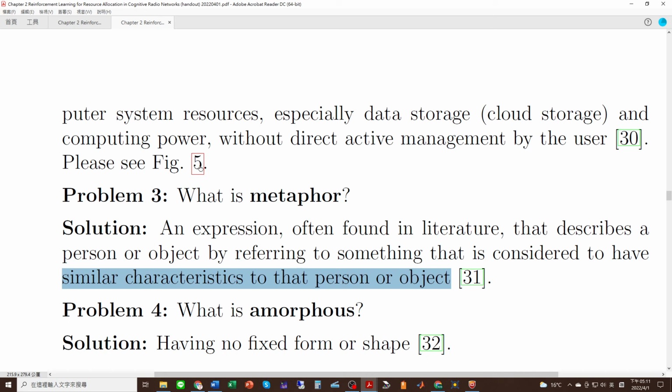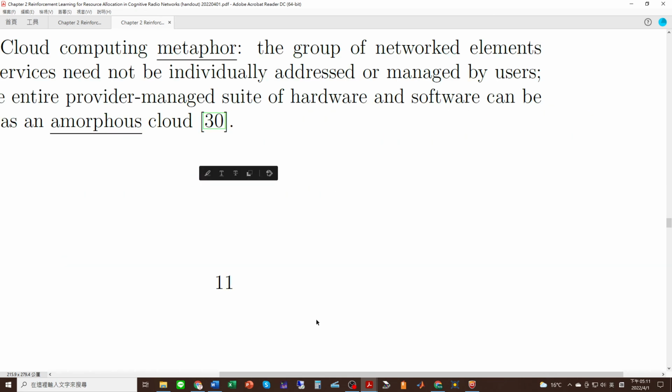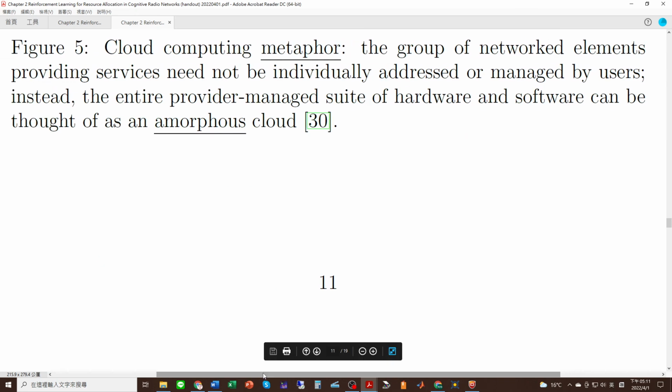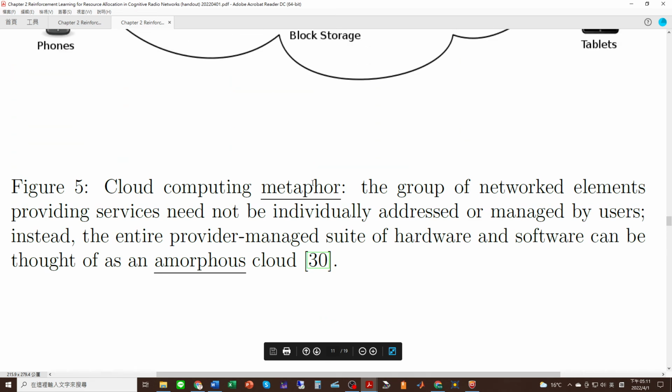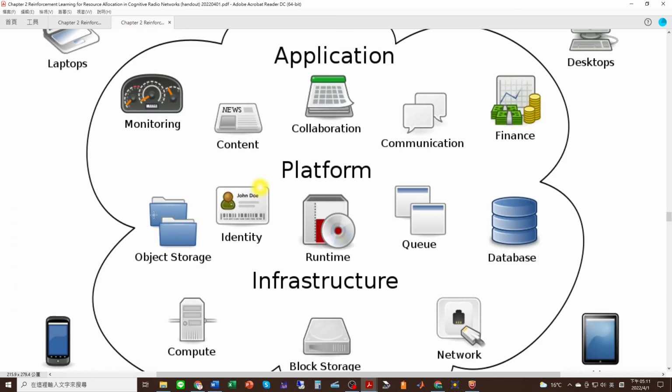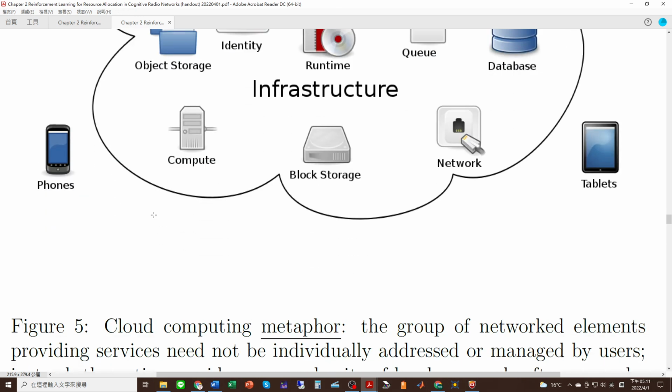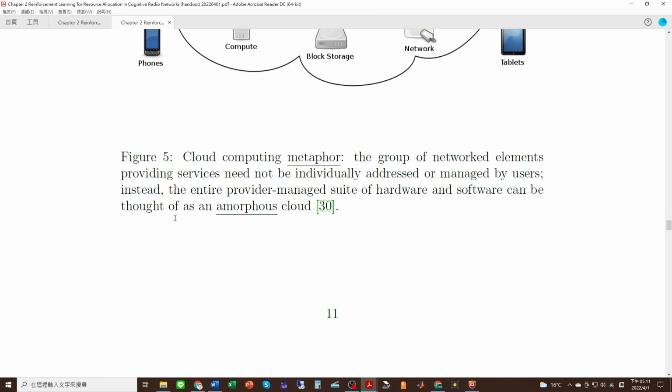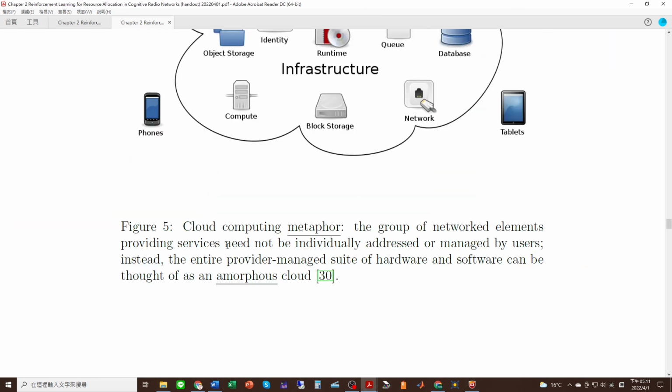Let us go back to figure 5. The group of networked elements providing services need not be individually addressed or managed by users.